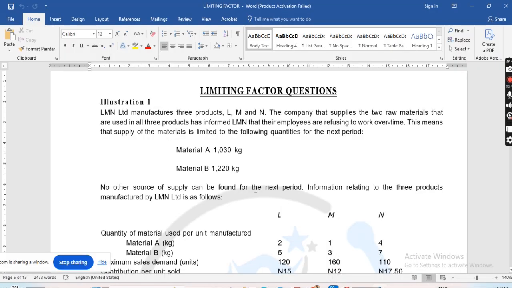Okay. LMN Limited manufactures 3 products: Product L, M, and N. The company that supplies the 2 raw materials that are used in all 3 products has informed LMN that their employees are refusing to work overtime.